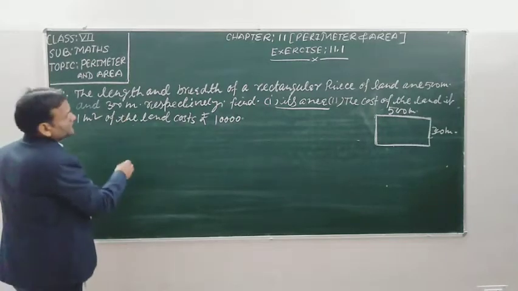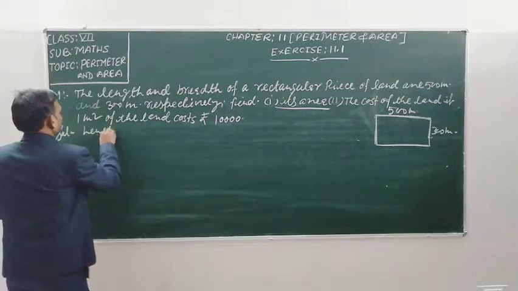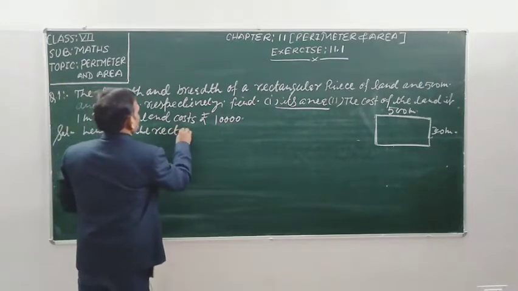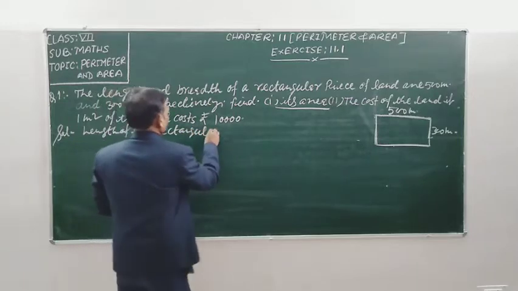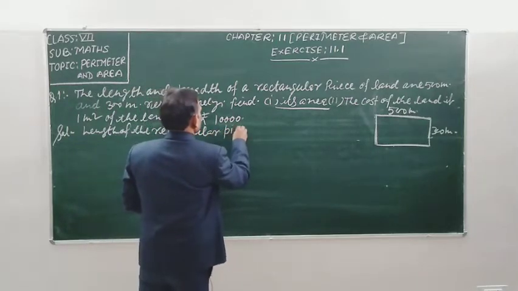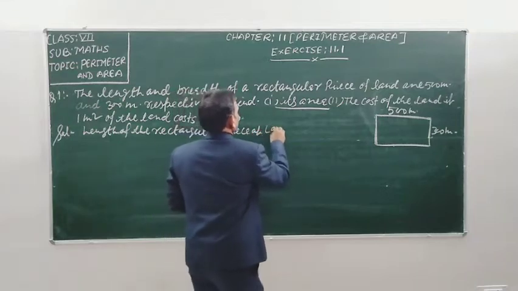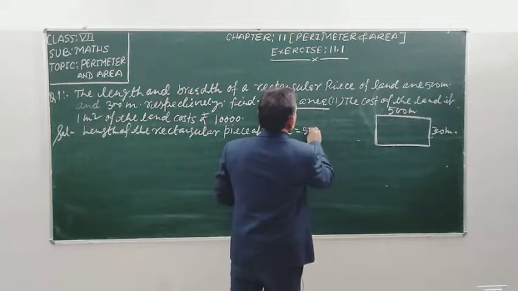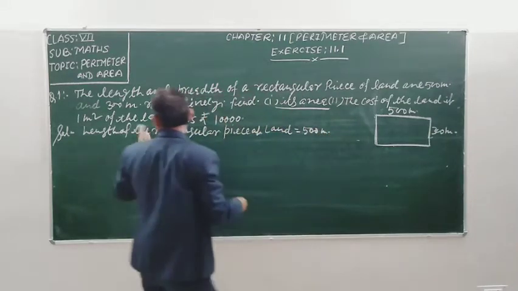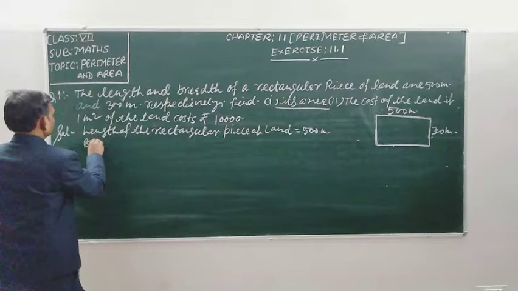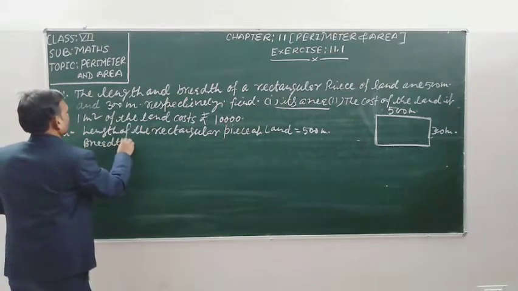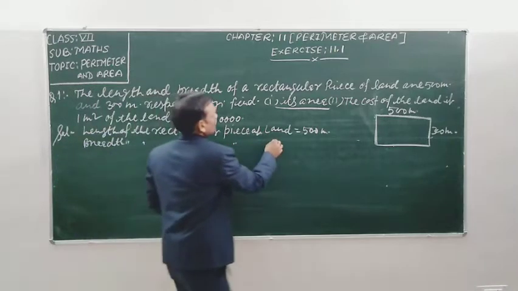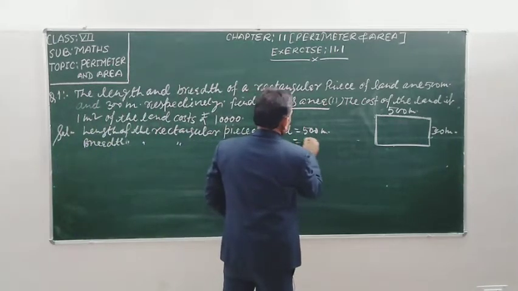Length of the rectangular piece of land is equal to 500 meter. It is given, and breadth of the rectangular piece of land is equal to 300 meter.